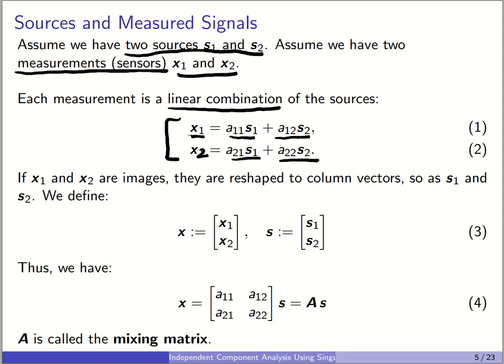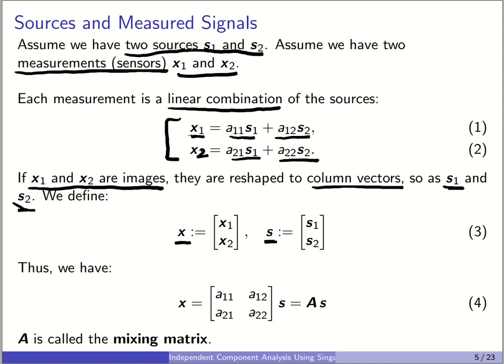We might have image data rather than sound data. If X1 and X2 are images, then we should reshape them to column vectors. S1 and S2 are also vectors. They can be scalars too, but in general they are vectors. We can concatenate X1 and X2, or put them together in a vector X. Also put S1 and S2 together in a vector S. So we have a vector X of measurements and a vector S of sources.